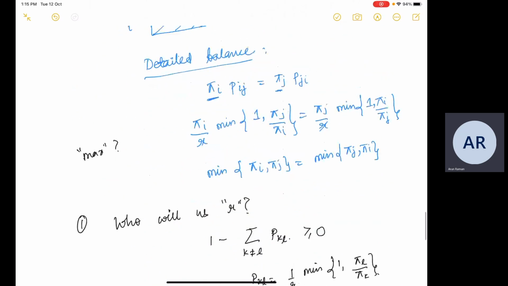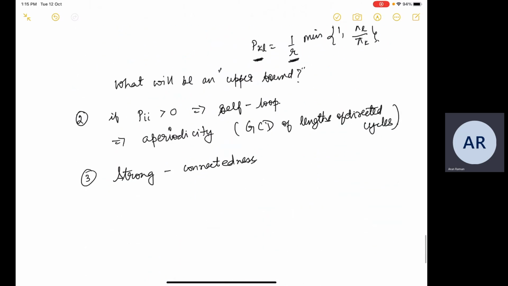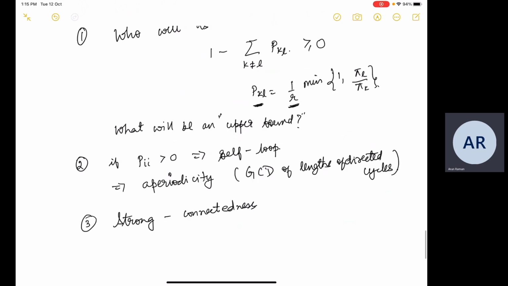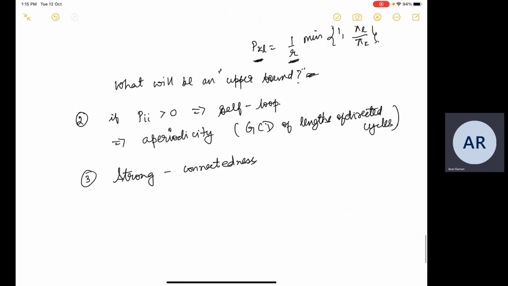If we do not have the structure of the graph given to us, we can always pick R to be equal to the number of states.